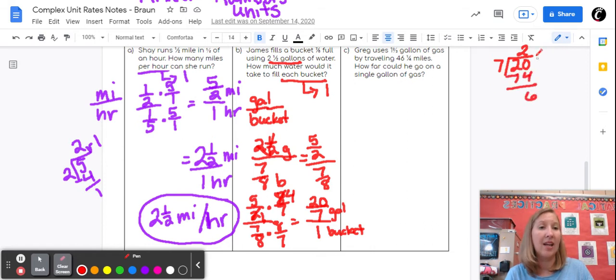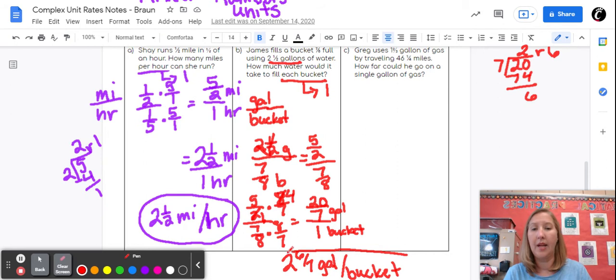I'm going to subtract, and I have a remainder of 6, which means this mixed number, this 20/7, is actually going to be 2 6/7 gallons per bucket. And that is going to be my answer.